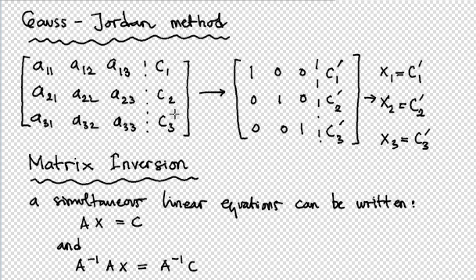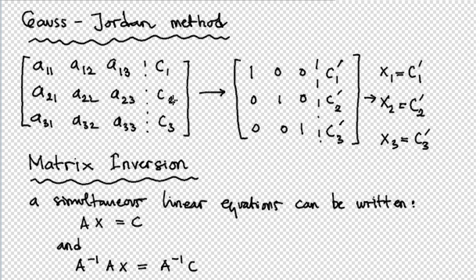But here you don't need to do substitution because you already change your matrix into identity matrix, so you will directly have the answer here: C1 accent, C2 accent, and C3 accent for the solution of x1, x2, and x3.